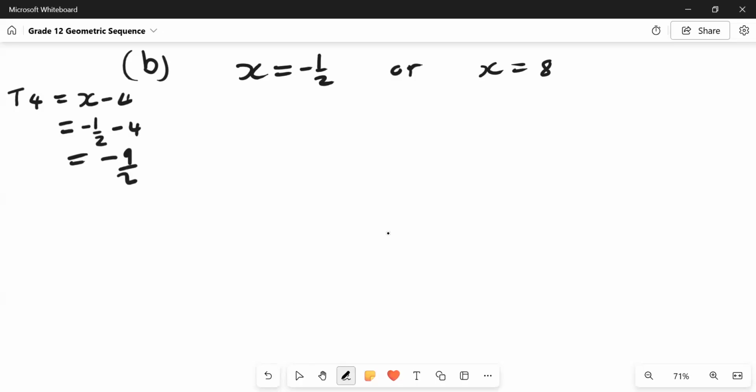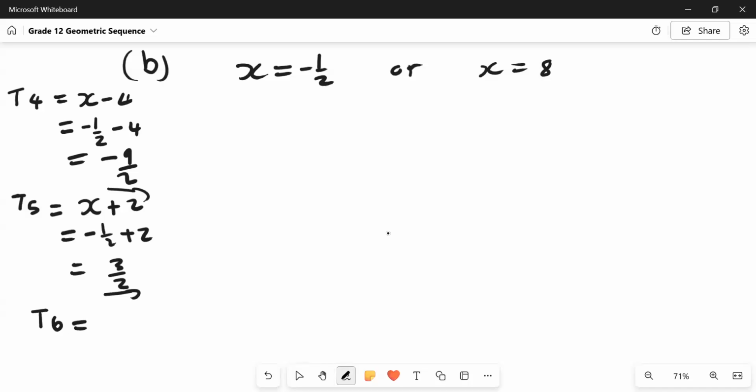And then for T5, we substitute again. T5 is x plus 2. Substitute minus half again, plus 2, and then we get 3 over 2. And then T6, which is the last one, T number 6.